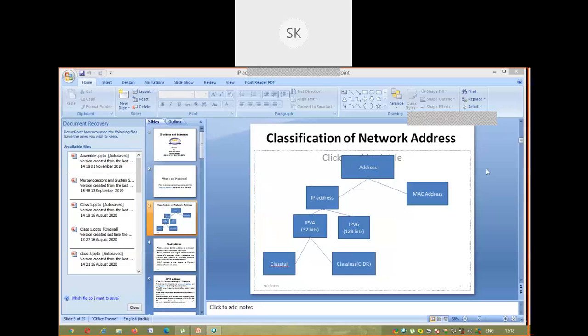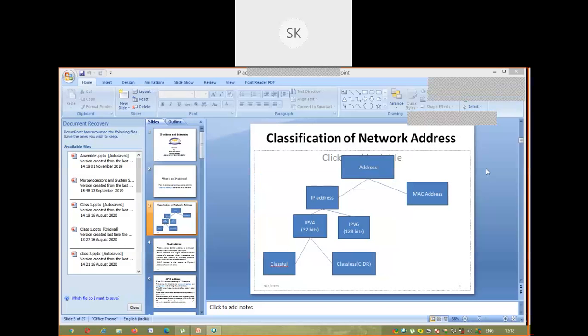So till now we discussed what is IP address. IP address is a unique address assigned to every device in a network. Then we discussed network address. Network address we can categorize into two types: IP address and MAC address.